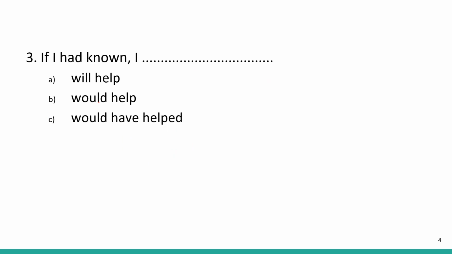Now let us move to the next question. If I had known, I dash. Now, had known means the sentence is in past perfect tense. And whenever we have this condition, if, then the clause of past perfect, that means subject plus had plus verb third form.